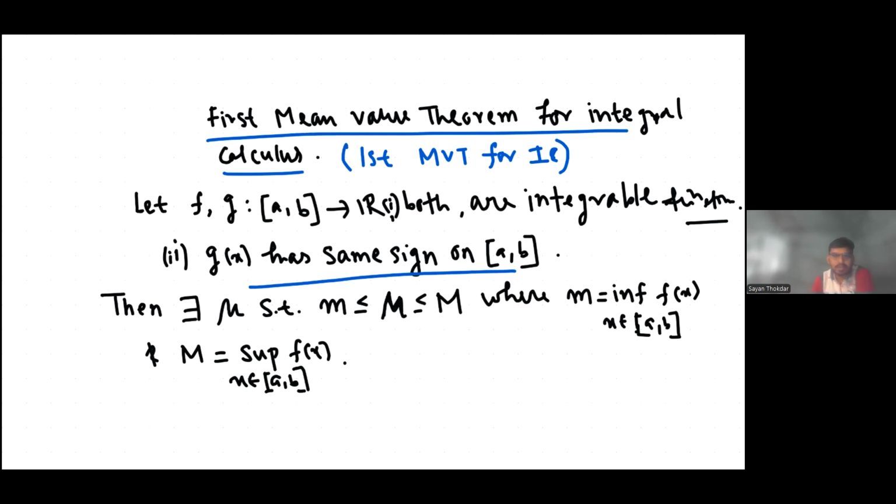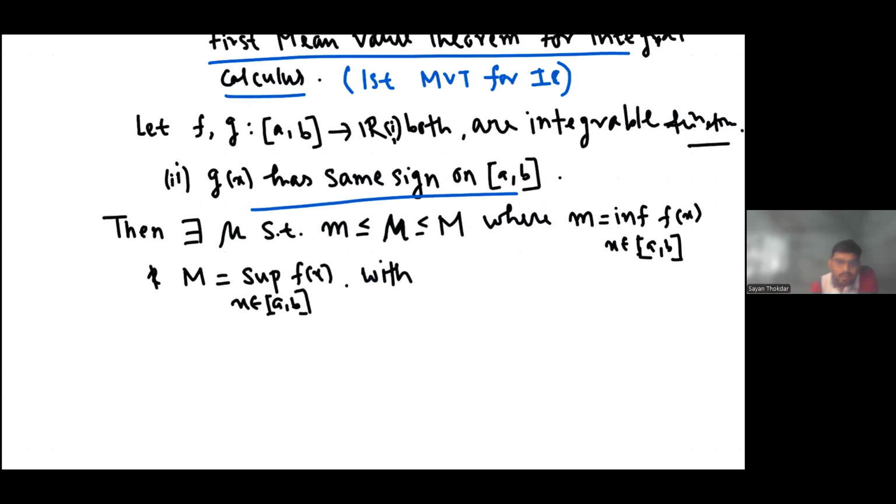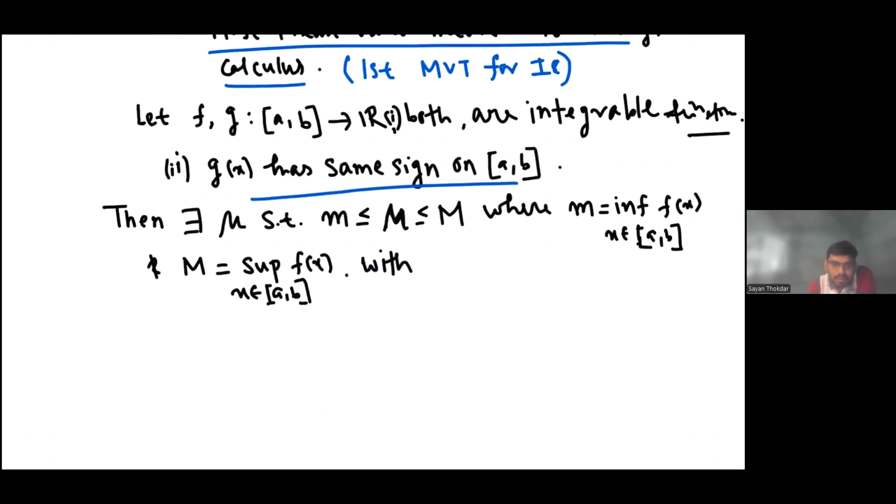With that, the integral from a to b of f of x times g of x dx is equal to mu times the integral from a to b of g of x dx.